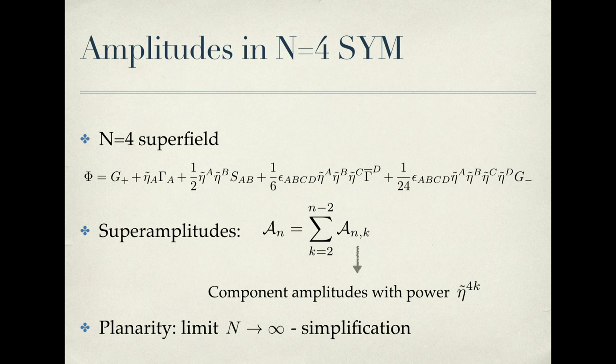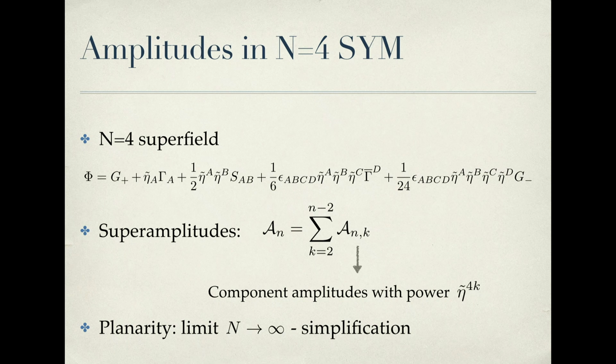And if we calculate superamplitudes of these superfields, they depend on n, the number of external fields, and also on this k index, which is the number of negative helicity gluons. If you look at the component amplitude, it means the number of negative helicity gluons. But if you just take the amplitude, you can also expand it in powers of this eta tilde, and this k just picks the component eta tilde to the 4k.